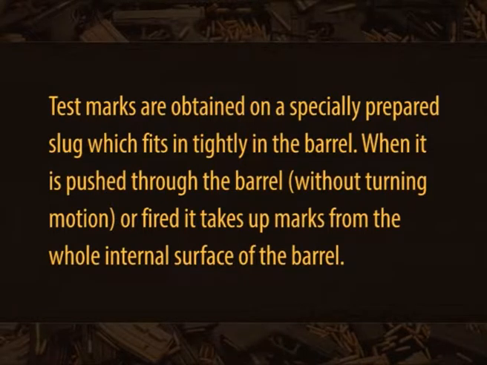Test marks are obtained on a specially prepared slug which fits in tightly in the barrel. When it is pushed through the barrel without turning motion or fired, it takes up marks from the whole internal surface of the barrel. The comparison of the marks on buckshot or pellets with the marks on the slug is then carried out with a comparison microscope like a bullet.